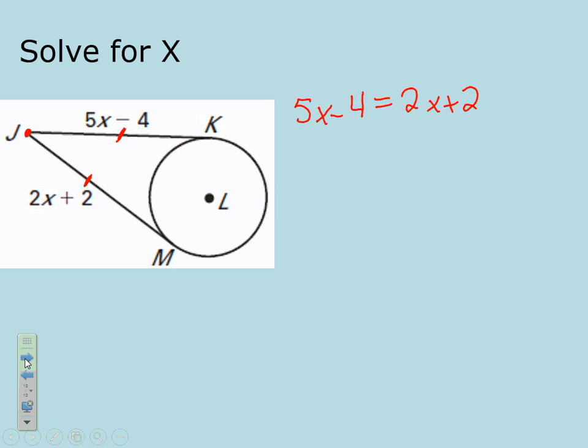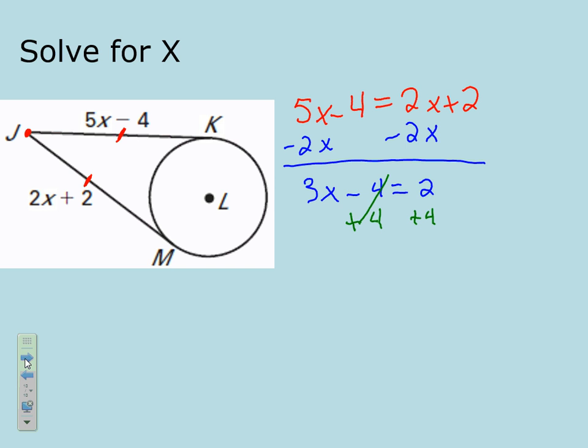Now we're just going to solve this for x. Subtract 2x from both sides. I get 3x minus 4 equals 2. Add 4 to both sides. Those cancel. 3x equals 6. Divide both sides by 3, and x equals 2.